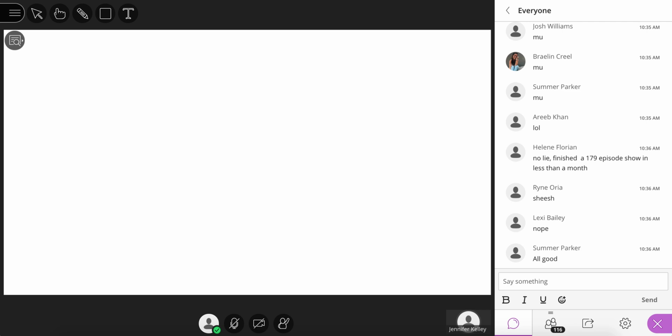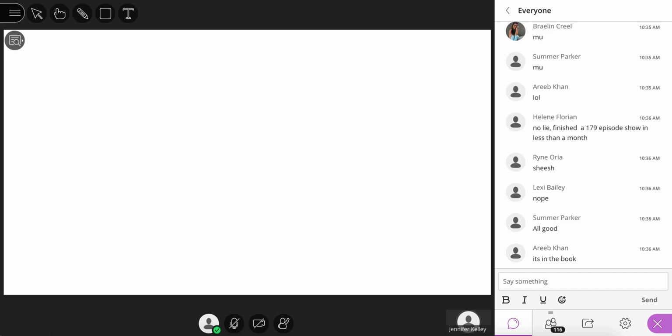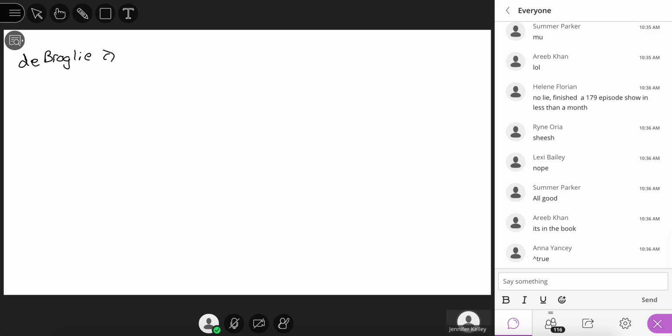All right, so let's work a practice problem. Let's say you want to find the de Broglie wavelength of a 142 gram baseball. This is the sample problem that's in the textbook.